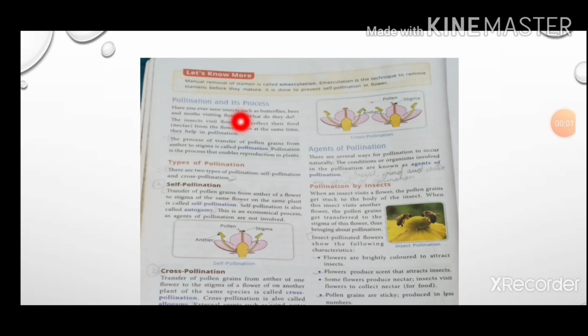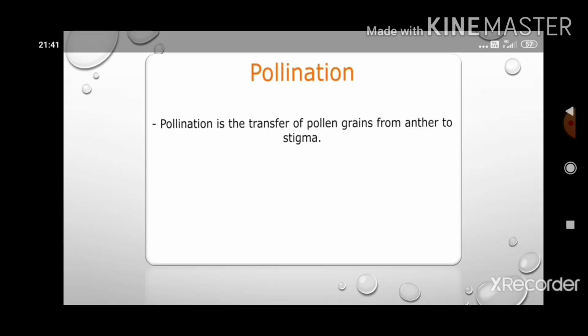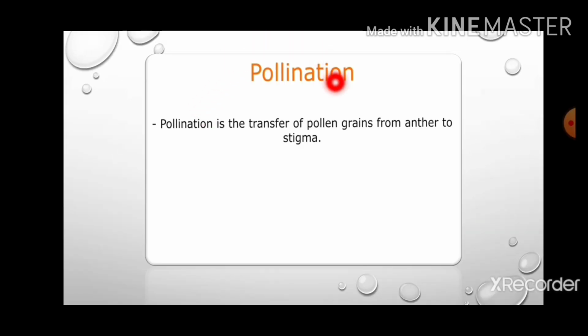Now the next topic is pollination and its process. What is pollination? Pollination is the transfer of pollen grains from anther to stigma. It is the first step in the formation of seed.